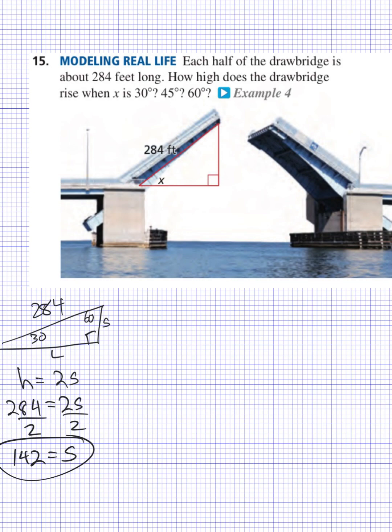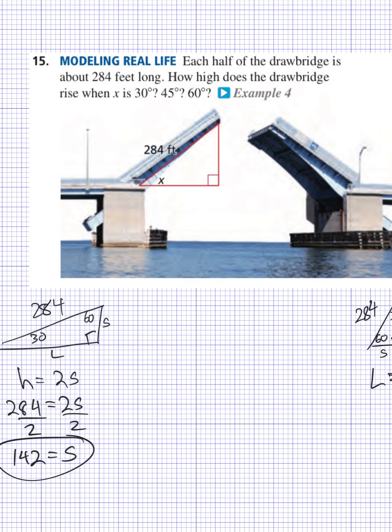Now, let's go ahead and do the 60 degree one. Okay, that's 30, 60, 90. Now we're looking for the long leg. Again, the bridge is 284 feet, the hypotenuse. So the long leg is the short leg times the square root of 3. So we don't have the short leg, we've got to get it. So again, the hypotenuse is twice the short leg.